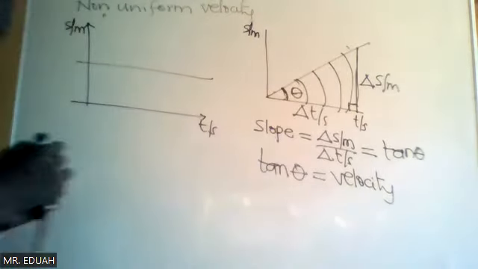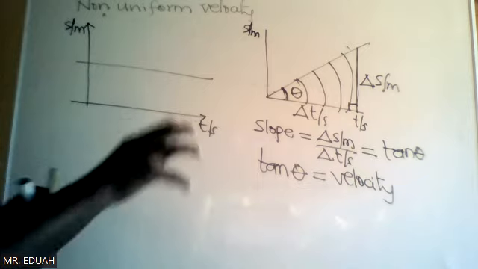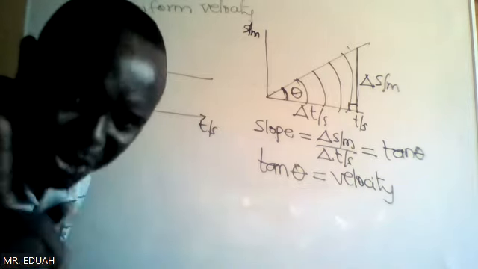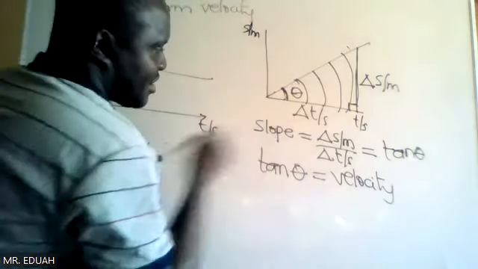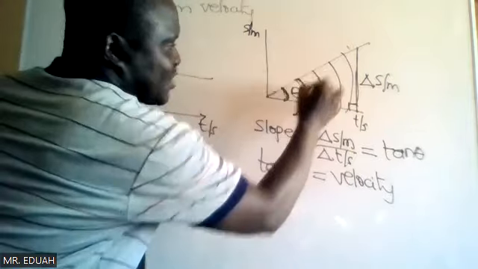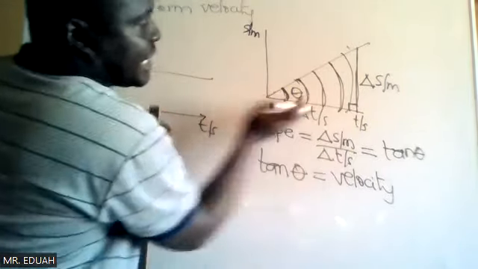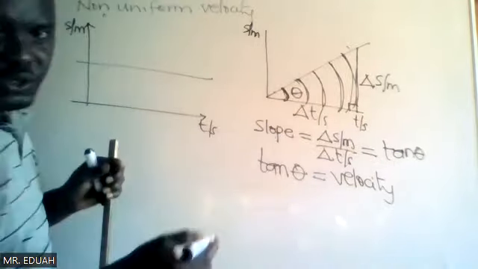Because the angle is constant, we can say that this is equal to a constant or uniform velocity. Because this angle is constant, the same throughout, if it's 30, it doesn't change. This will still be 30 when you use a protractor.